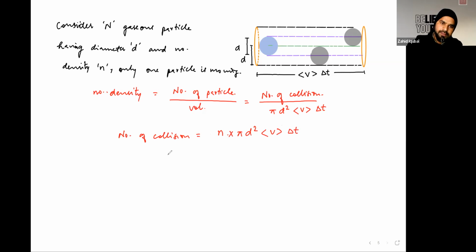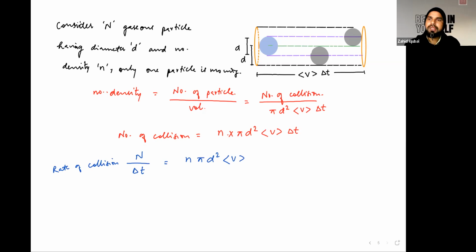Now move this delta t to the left side. So you'll get number of particles divided by time taken equals n pi d squared times average speed. So this is called the number of collisions per unit time, which is also called the rate of collision.